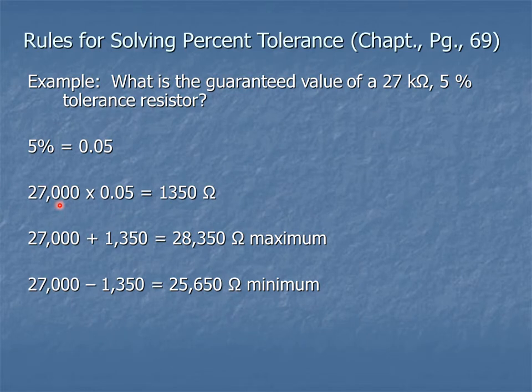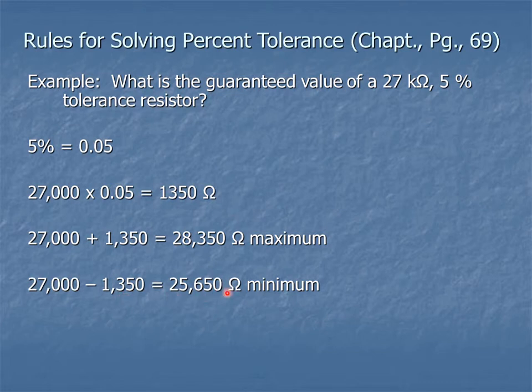As you can see, the total resistance is 27 kilo, which means 27,000. We multiply 27,000 by 5%, meaning 0.05. We get 1,350. We add 1,350 to 27,000 to get the maximum, and we subtract 1,350 from 27,000 to get the minimum.